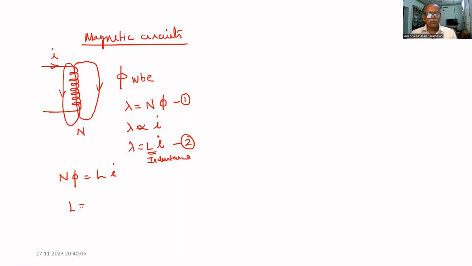Or L equal to N phi by I, where phi is the amount of flux in Webers, N is the number of turns, and I is the current through the coil.